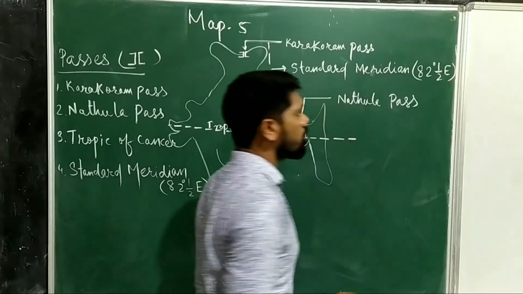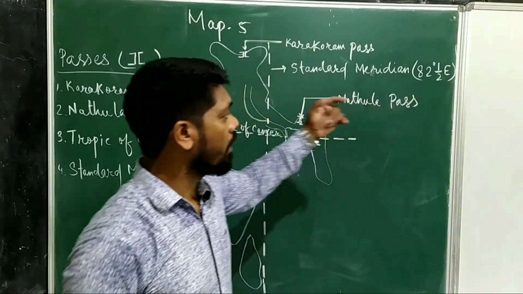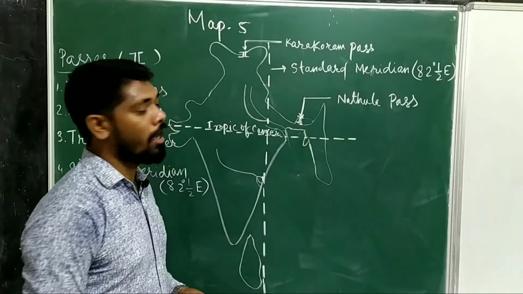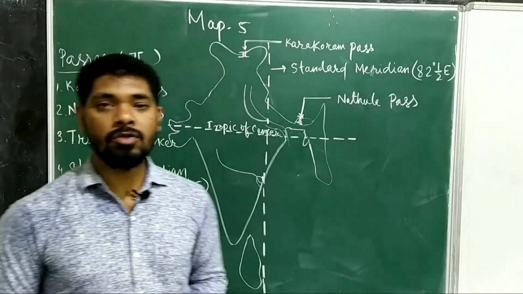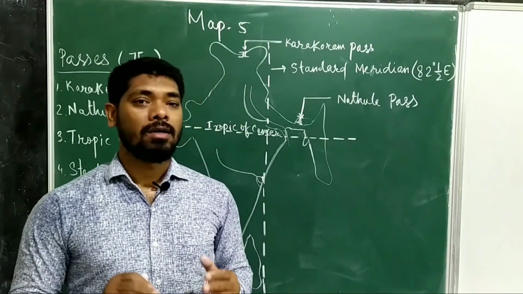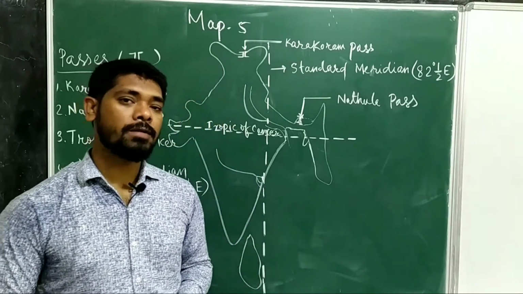Do not forget to write this longitudinal unit. Okay, 82.5 east. Okay, hope you have understood.